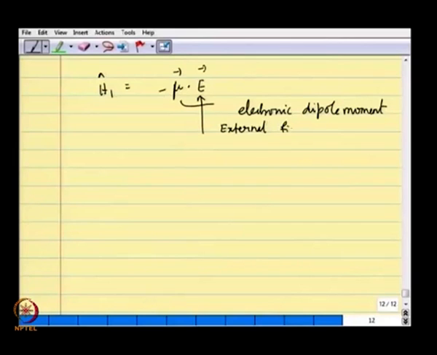The external field is treated as a classical quantity, and the dipole moment is the quantum mechanical operator.